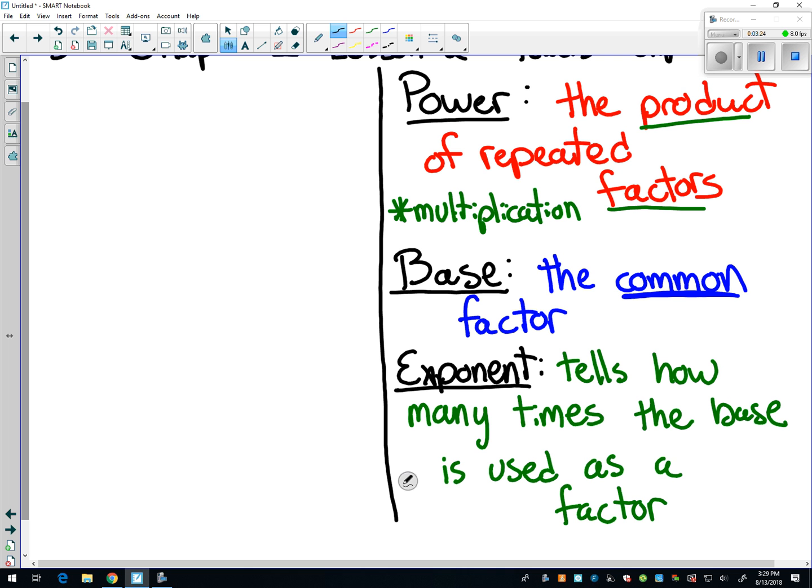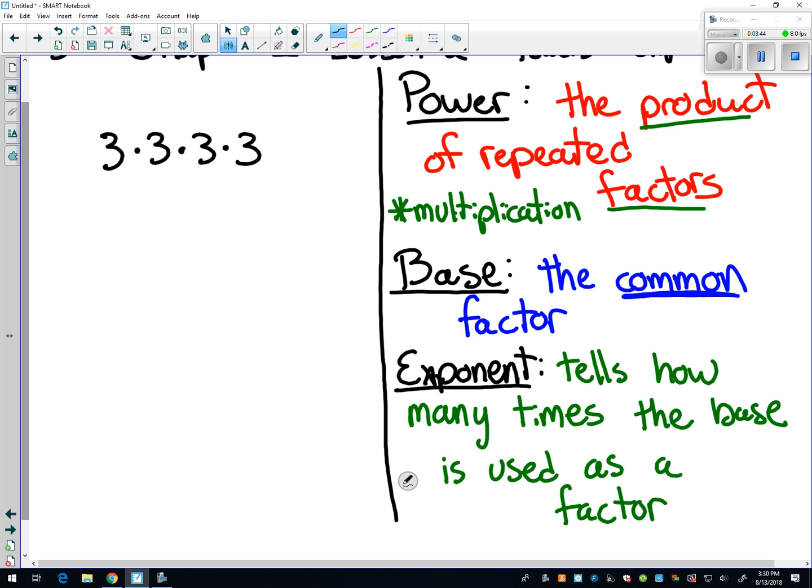Here is what a quick example could look like. Say I have 3 times 3 times 3 times 3.